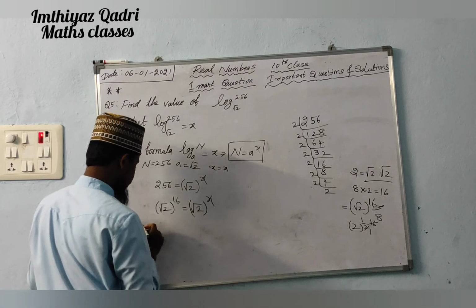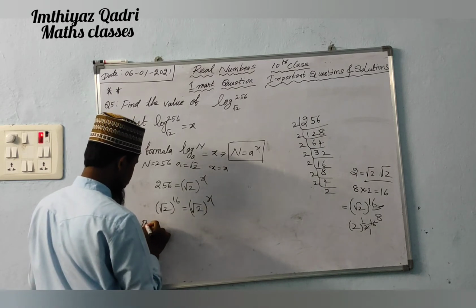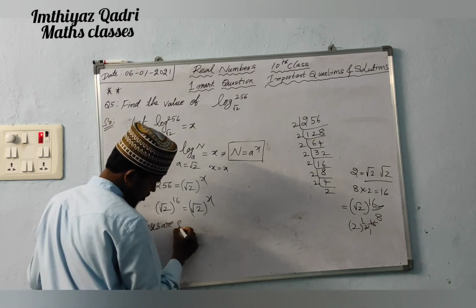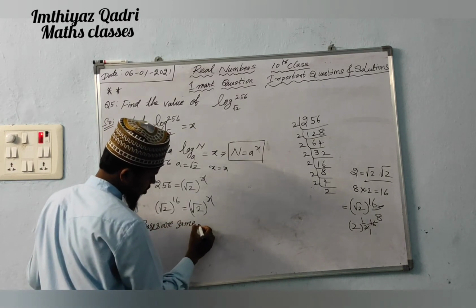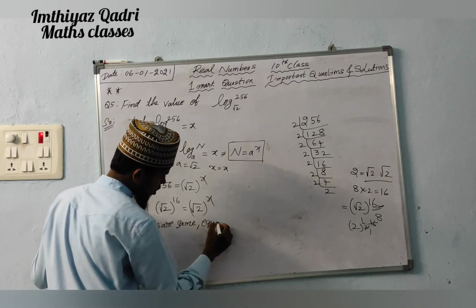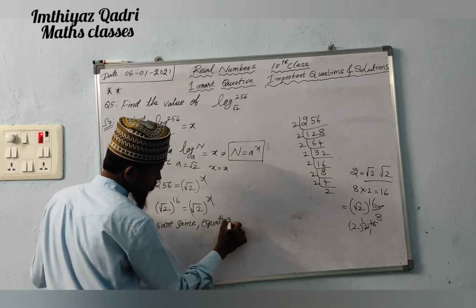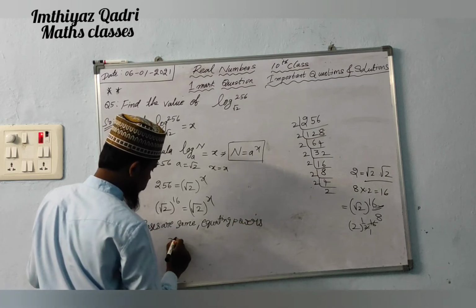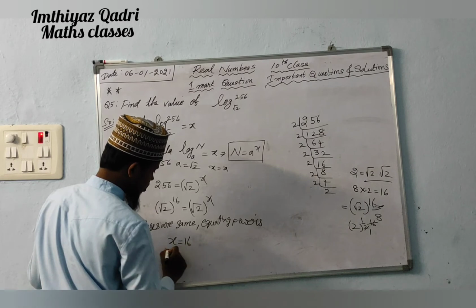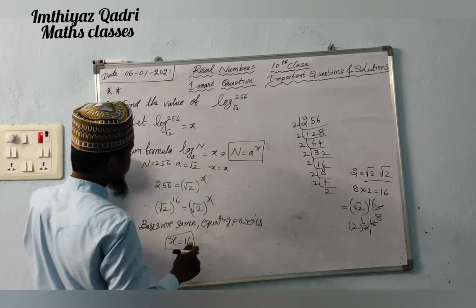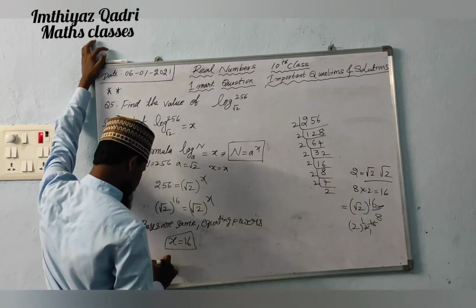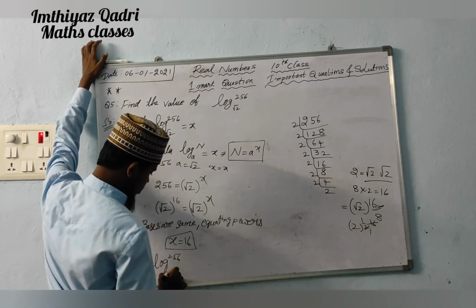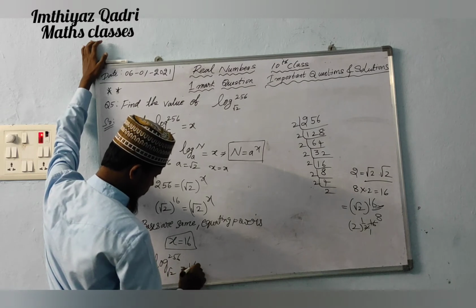Here the bases, root 2, are the same, so equating the powers, x is equal to 16. So log 256 base root 2 is equal to 16.